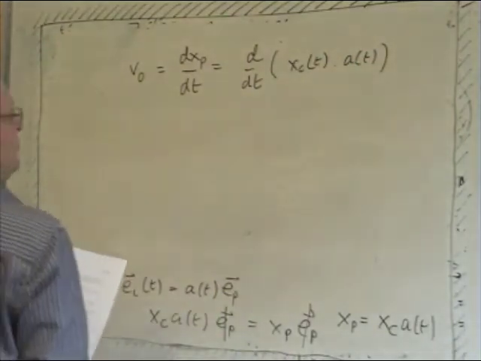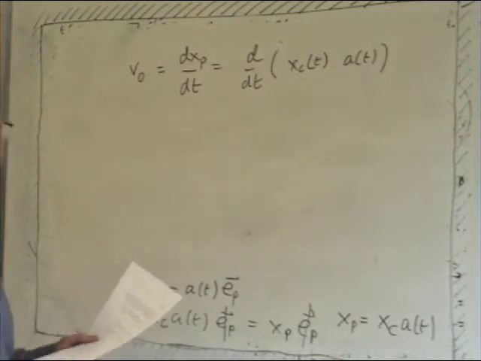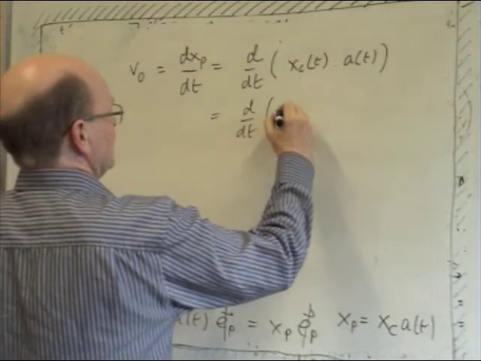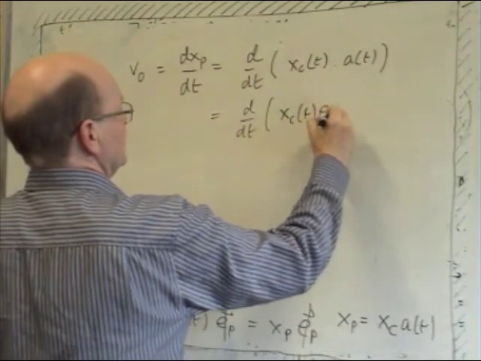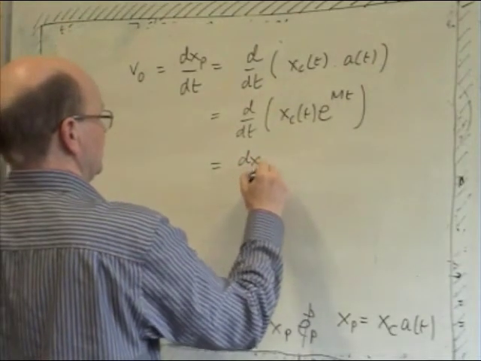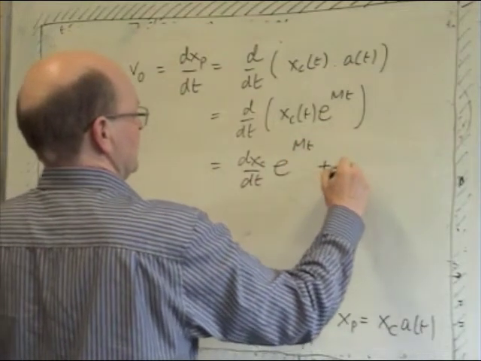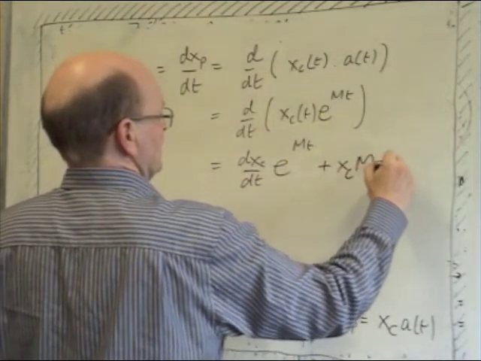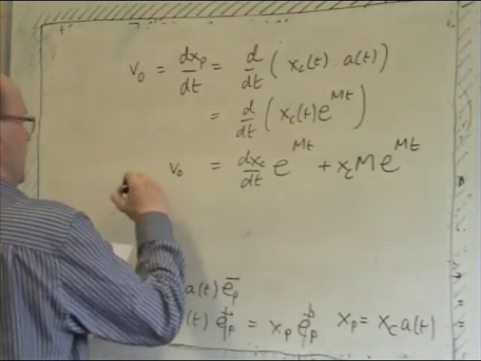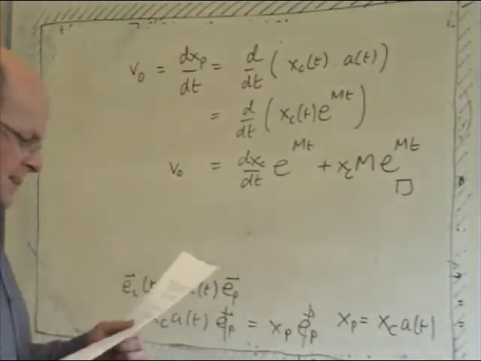Because you've got a product of two terms, you have to do the product rule, and we know a of t is just e to the mt. So this is d by dt of xc of t e to the mt. Doing the product rule, we get dxc by dt times e to the mt plus xc m e to the mt, and that has to equal v0, and that is the solution to part B.